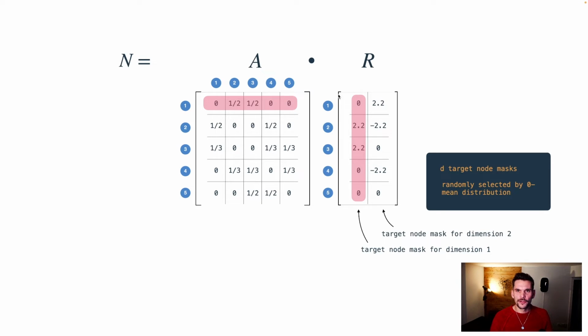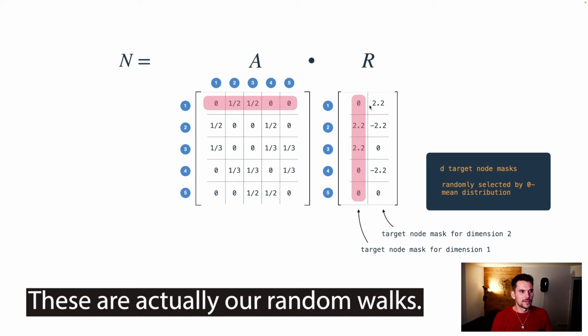So what the random projection matrix basically does is it randomly activates positively or negatively dimensions in our final result. So they basically act as target node masks for the two dimensions.